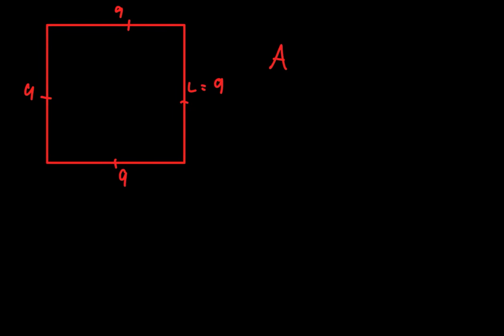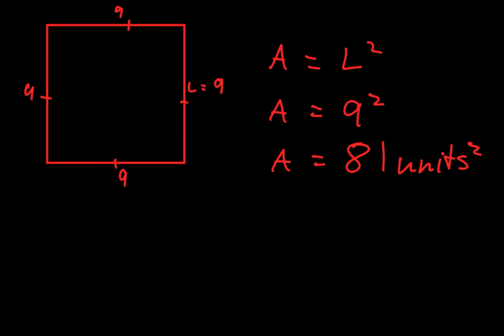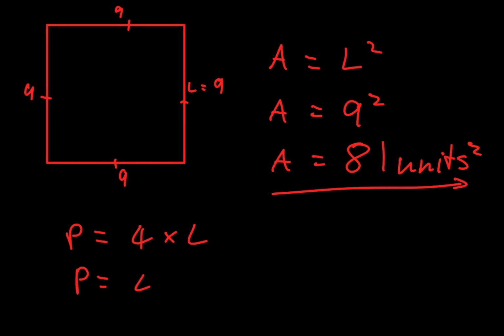So now the area is length squared, so our area is 9 squared, which is 81 units squared. Our perimeter is equal to 4 times the length, which is 4 times 9, which is equal to 36 units.